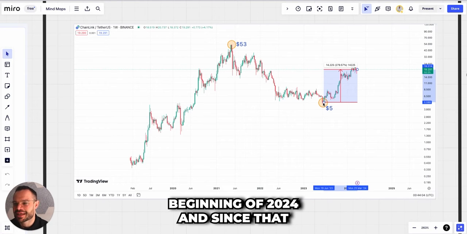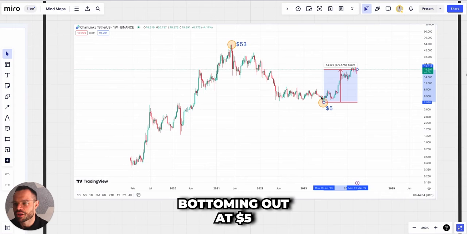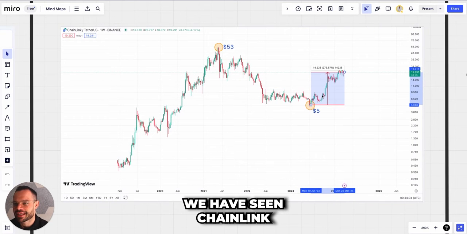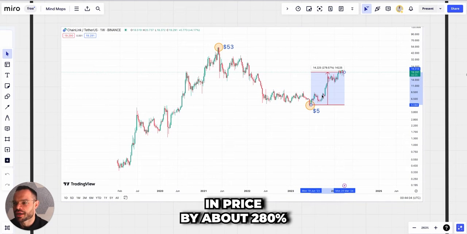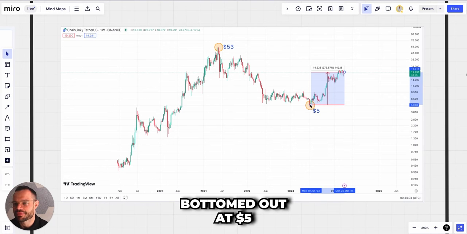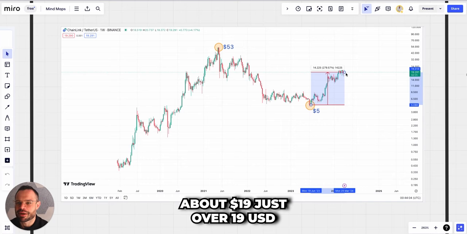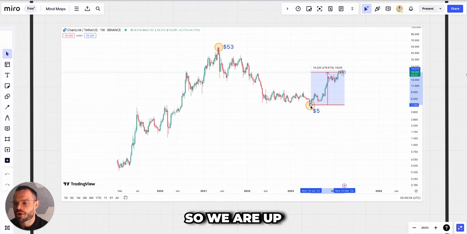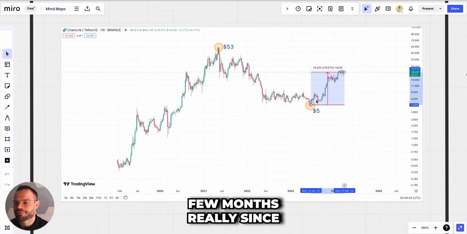Since that bottoming out at $5, we have seen Chainlink increase in price by about 280%. We're currently sitting at just over 19 US dollars. So we are up over 279% in the past few months, really since the second half of 2023.